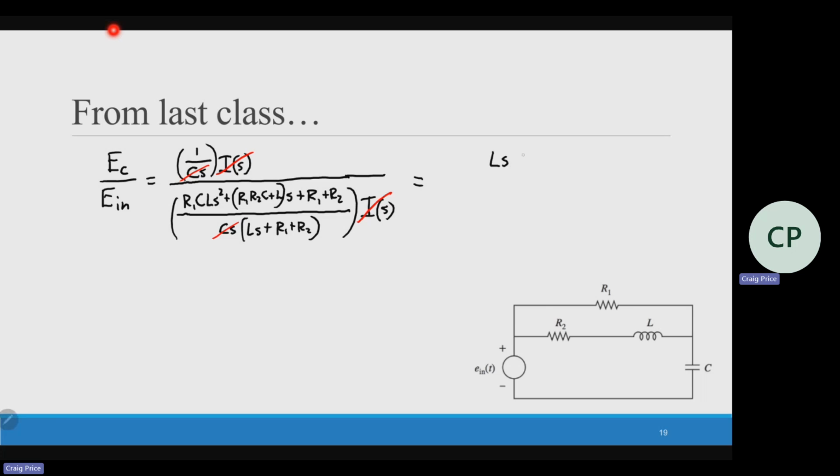So we get LS plus R1 plus R2 all over R1 CL S squared plus R1 R2 C plus L times S plus R1 plus R2. And that is our final answer.